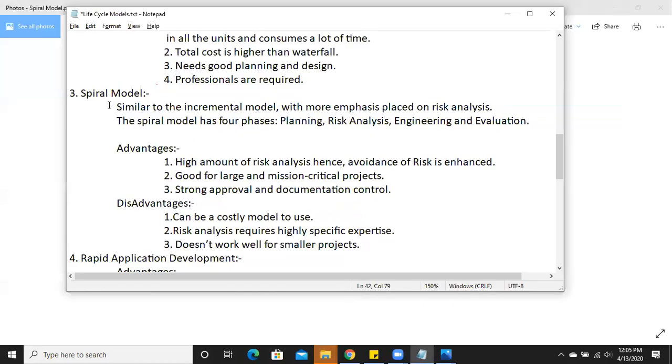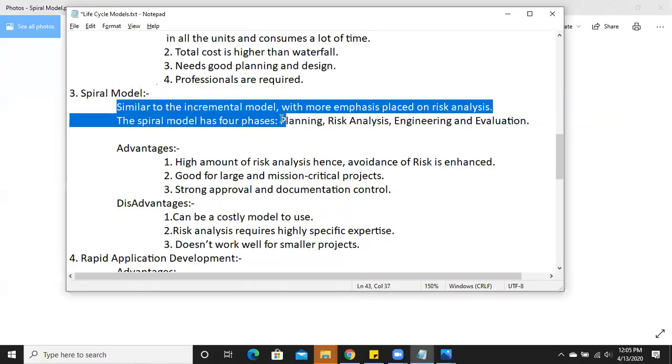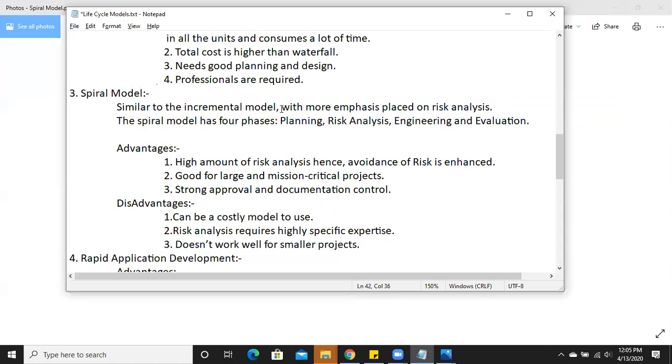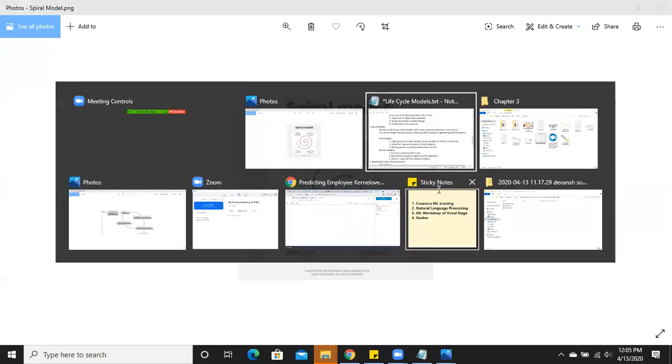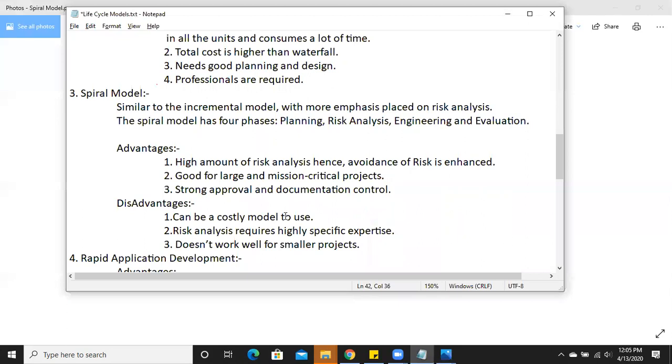So I have already mentioned that it is very similar to the incremental model. It basically involves several iterations of my project. We have to repeat these steps again and again until I have developed my project very user friendly.